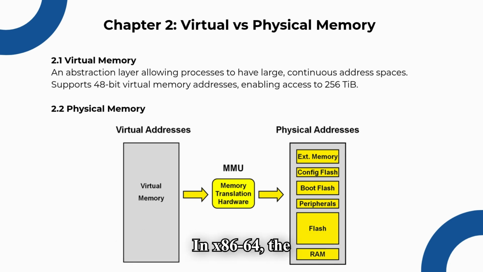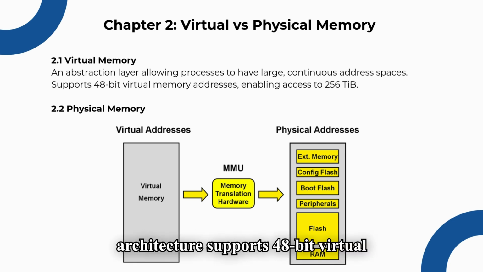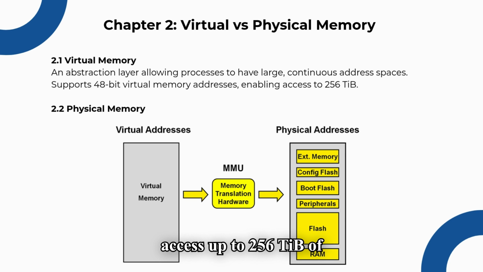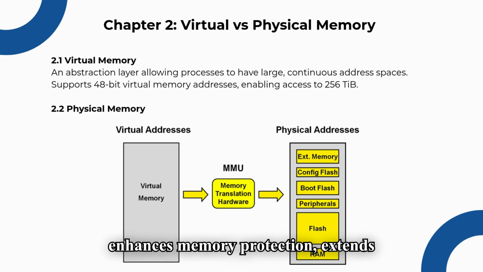In x86-64, the architecture supports 48-bit virtual memory addresses in current implementations, enabling processes to access up to 256 TB of addressable space. This approach enhances memory protection, extends address capabilities, and optimizes program memory handling.